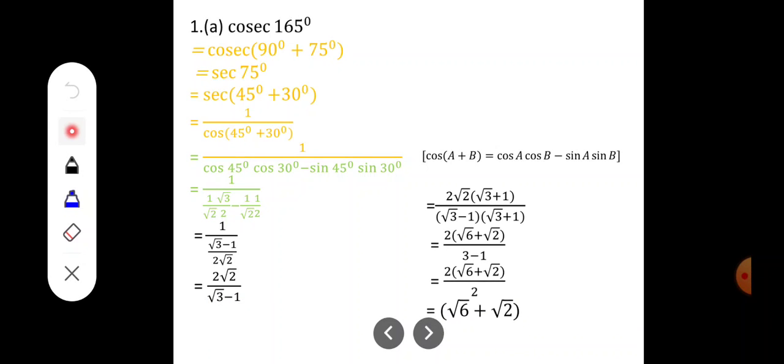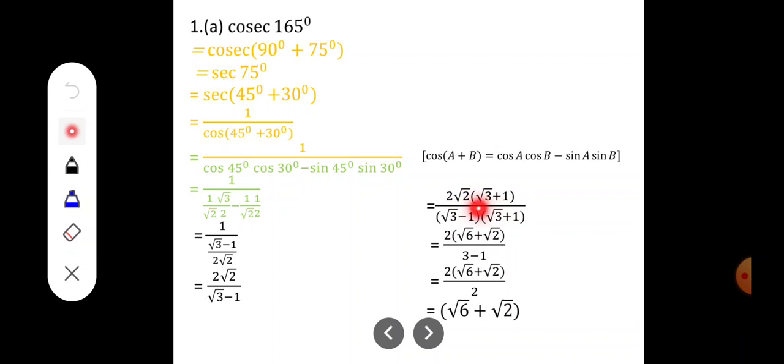Now we multiply root 3 plus 1 on both numerator and denominator to apply the a square minus b square formula, that is, a plus b into a minus b. So here a square minus b square: root 3 square equals 3 and 1 square equals 1.